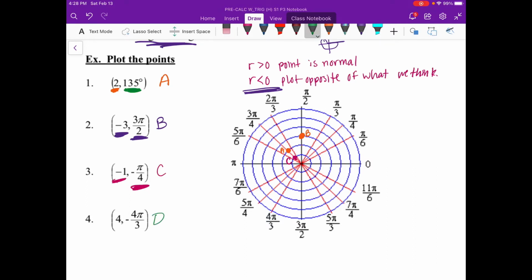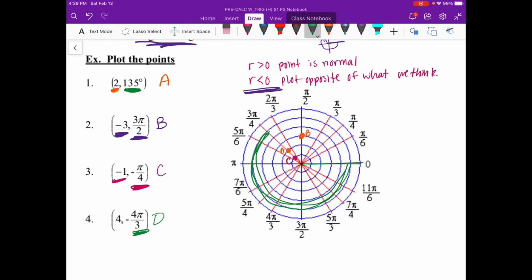And one more, I'm going to call this the point D. So again, going clockwise for -4 pi over 3. So starting off here, going back around, this would be 3 pi over 3, right? Or just pi, and then one more will put me at 4 pi over 3. So all of this in this direction gives me -4 pi over 3.